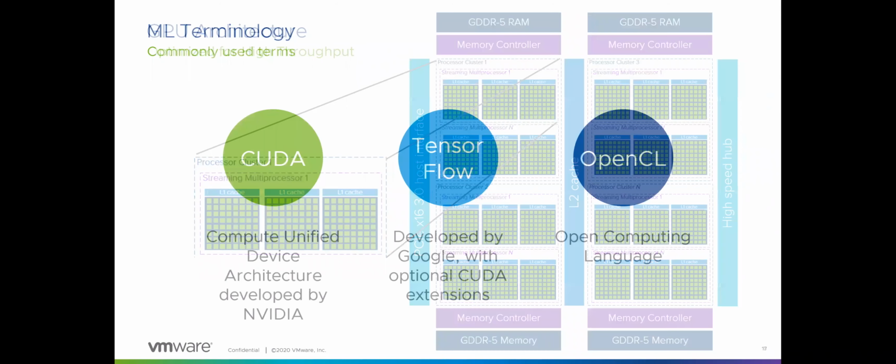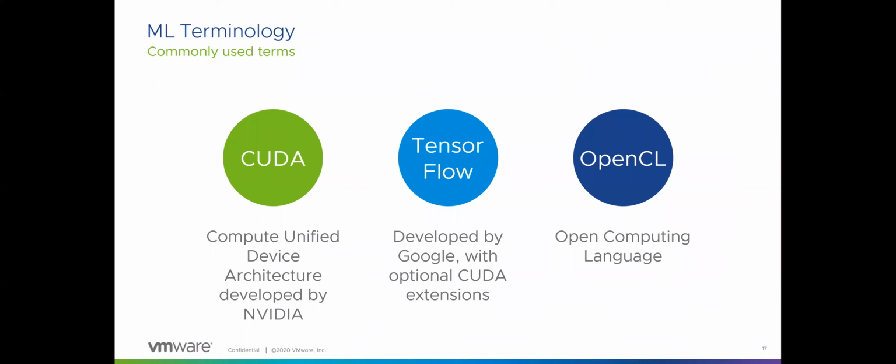I want to go quickly over some machine learning terminology that you might hear us talk about, and you might have seen this in the field as well. Something that is probably the most important framework today for machine learning, and it is a framework used to offload computations to a GPU device, is CUDA, the Compute Unified Device Architecture, which is developed by Nvidia.